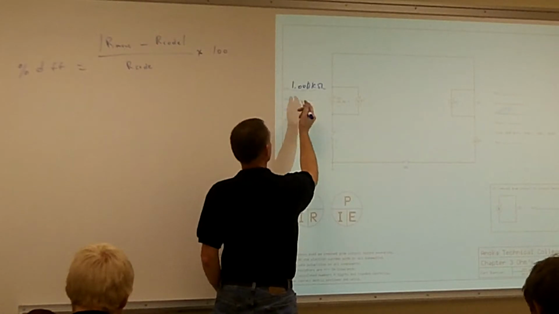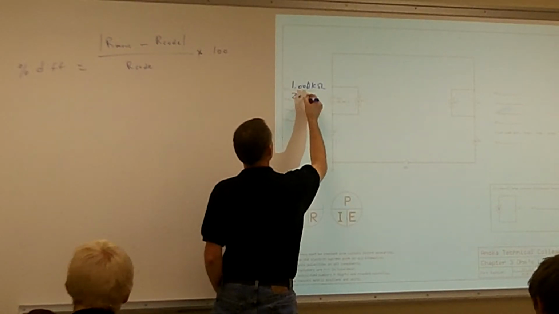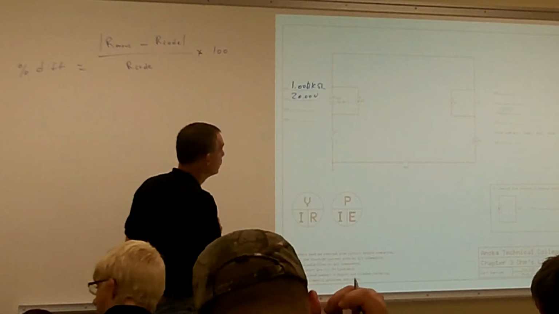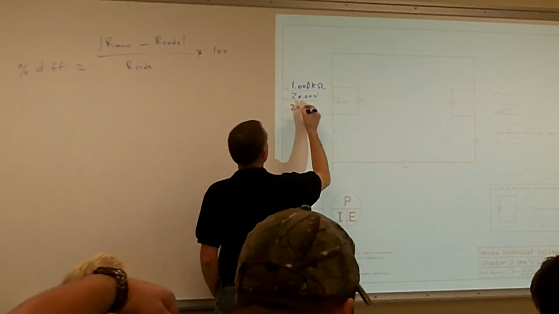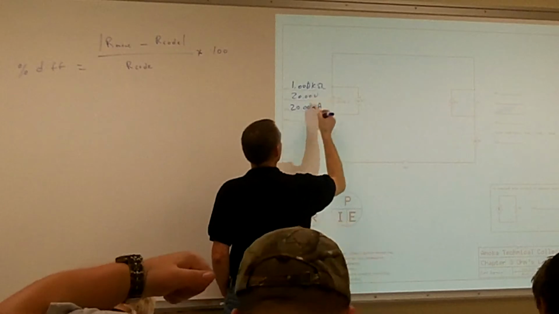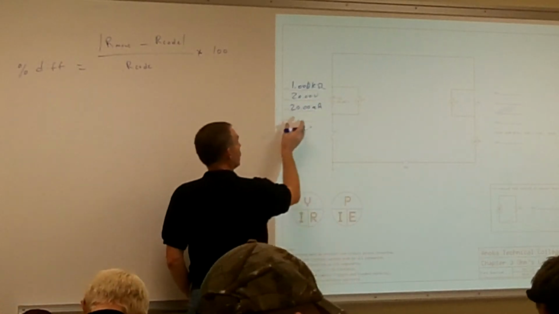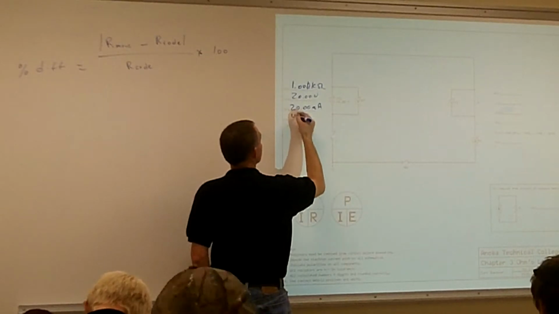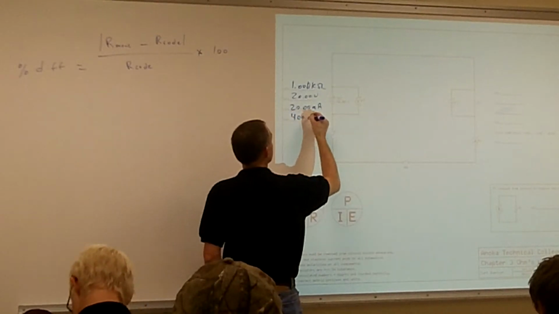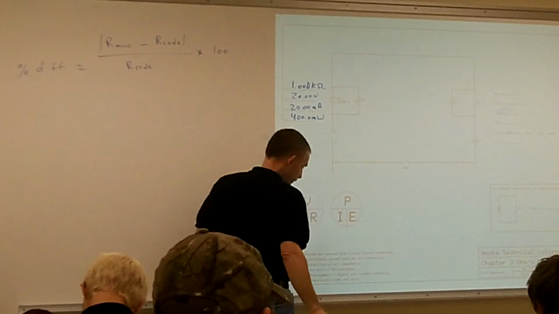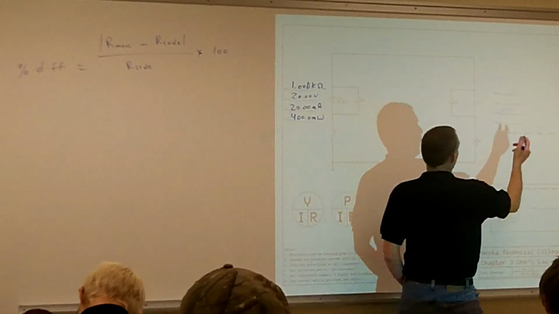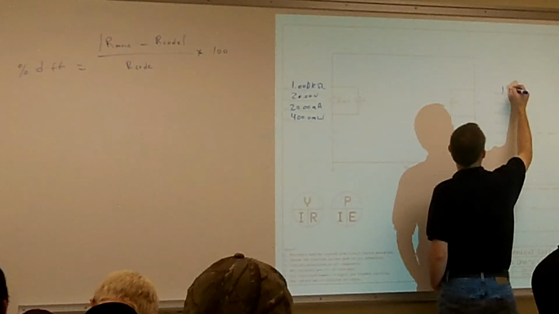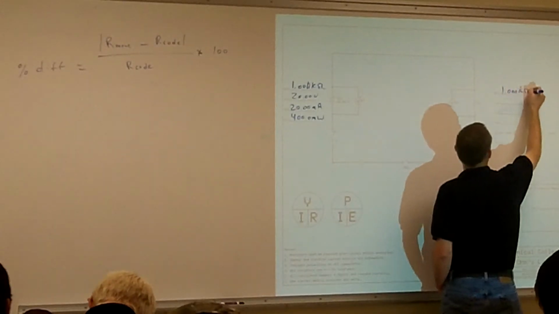Alright, my voltage total we know is 20 volts. And my current total is what? 20 milliamps. And my power total is what? 400 milliwatts. Okay, R1 was what for value? 1 kilo.